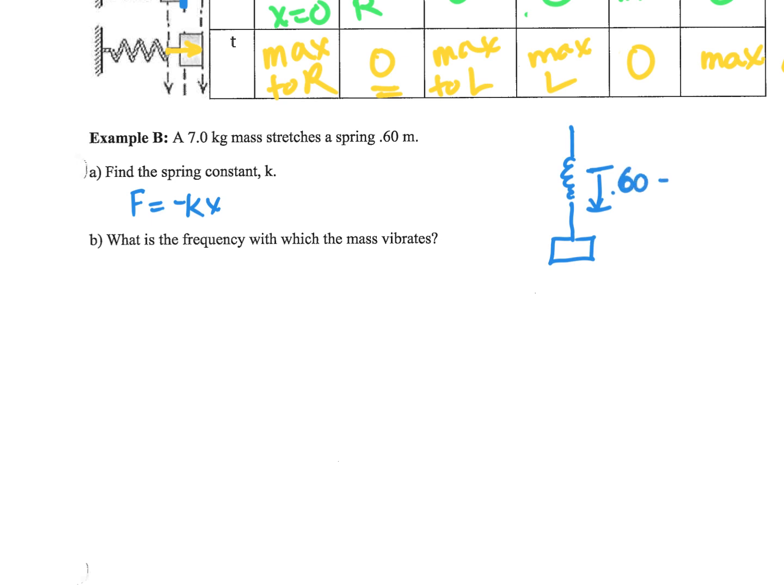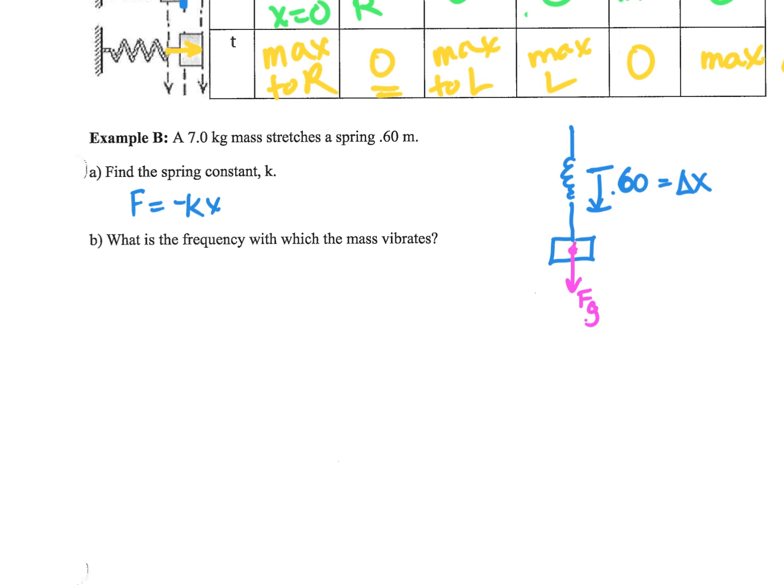Now, what are the forces? Well, let's talk about that. From here, we've got a force downwards, which is the force of gravity, correct? Well, what do we have upwards? This thing has a restoring force, a spring force that's trying to return it to equilibrium, which is up.